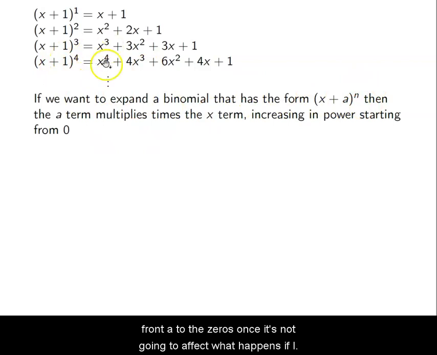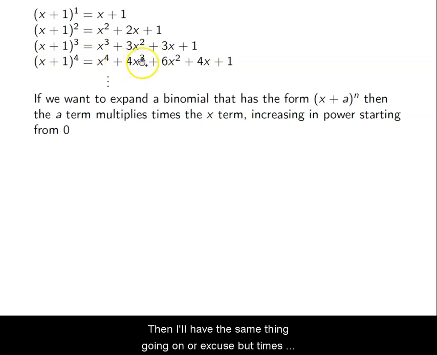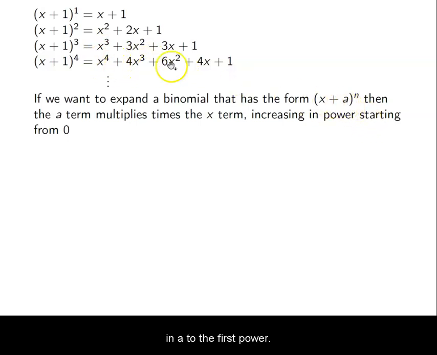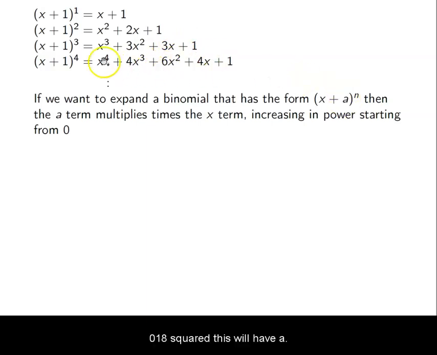A to the 0 is 1, so it's not going to affect what happens in front. Then I'll have the same thing going on, 4x cubed, but times an a to the first power. And then I will have the same exact coefficient, same 6, same x squared, but I will have an a squared. This will have an a cubed term, and this will be a to the 4th power.